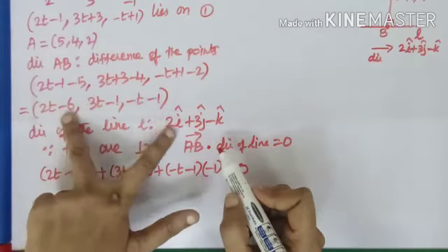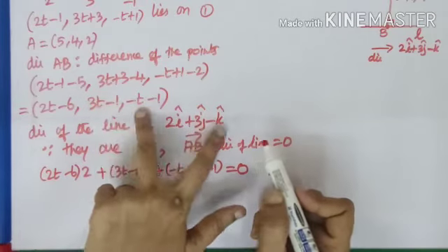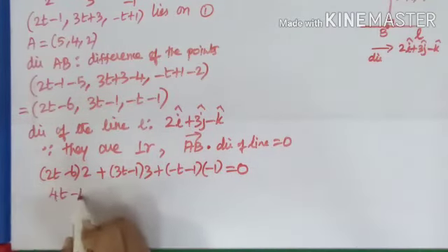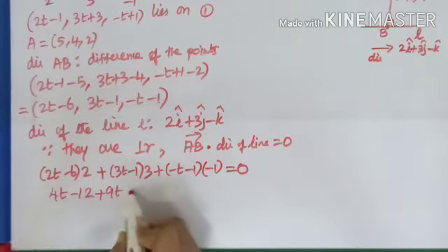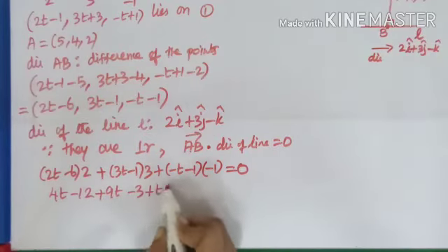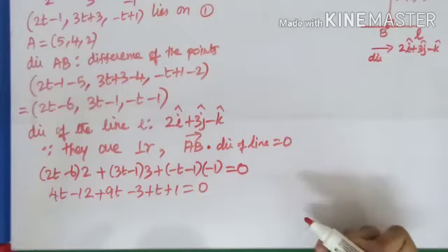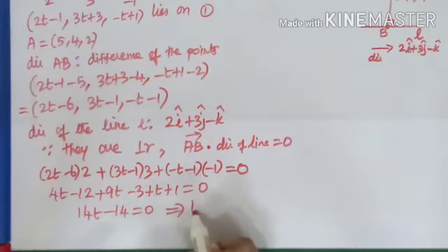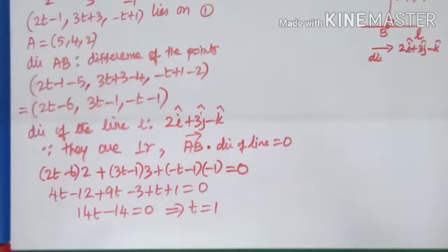Dot implies I and I, j and j, k and k. As I multiply, it is 4t minus 12 plus 9t minus 3 plus t plus 1 equals 0. So we get 14t minus 14 equal to 0, that is t is equal to 1.